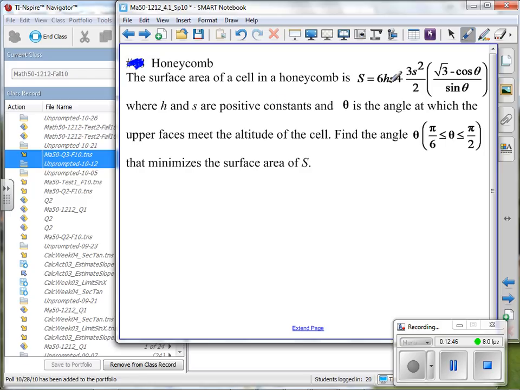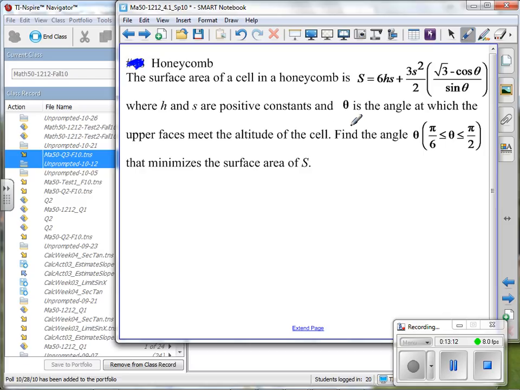H and S are positive constants. That means that the derivative of 6HS is what? 0. Okay. And theta is the angle at which the upper faces meet the altitude of the cell. So theta is our variable. Find the angle theta in this interval that minimizes the surface area.